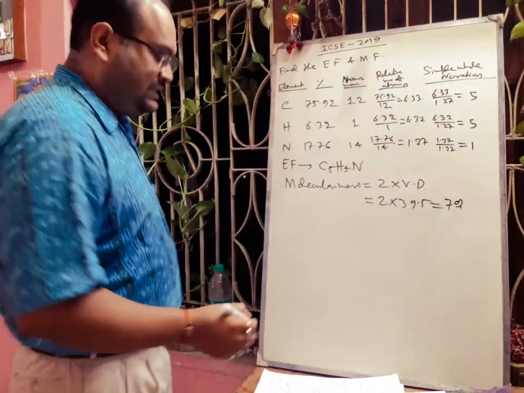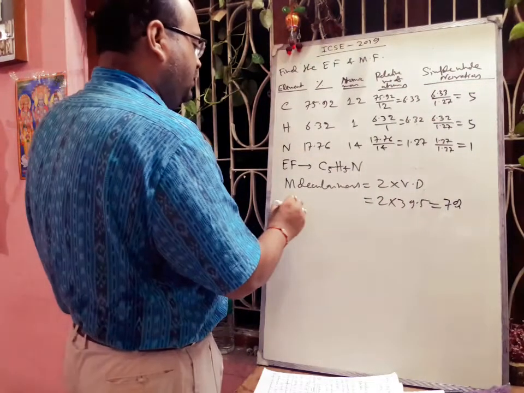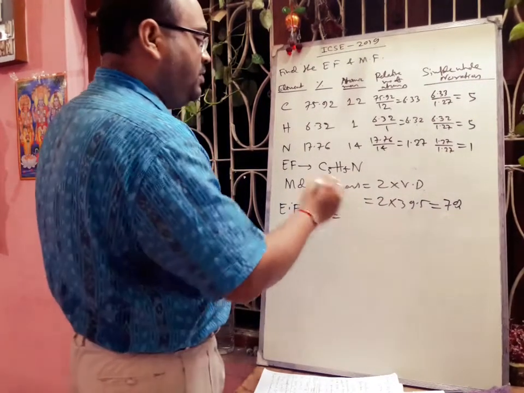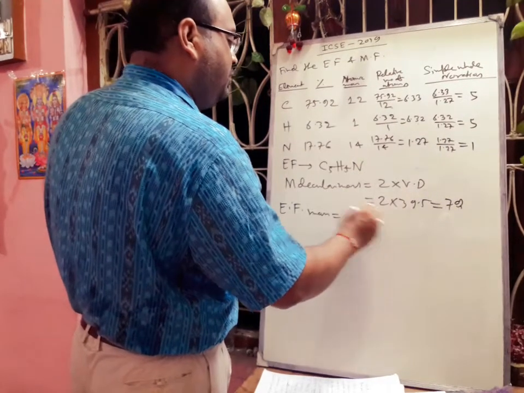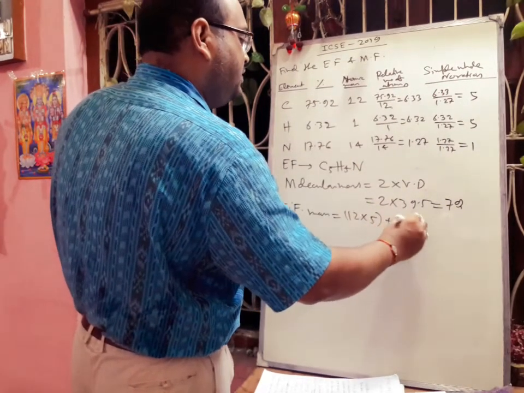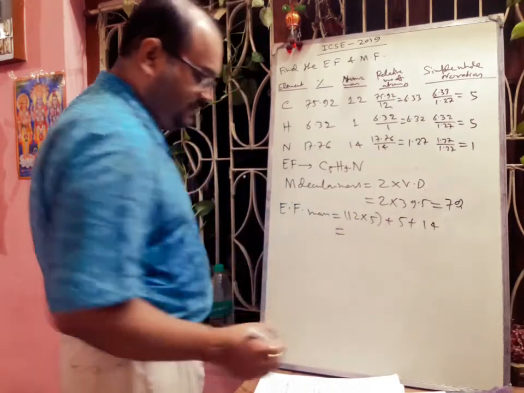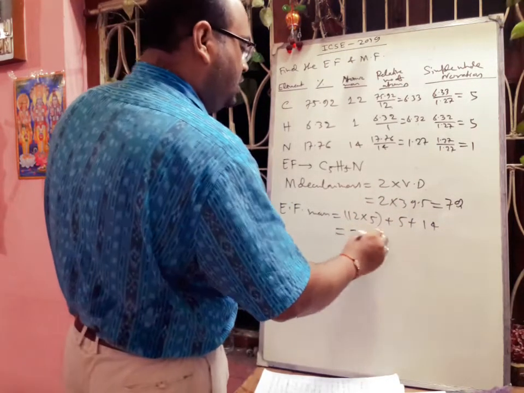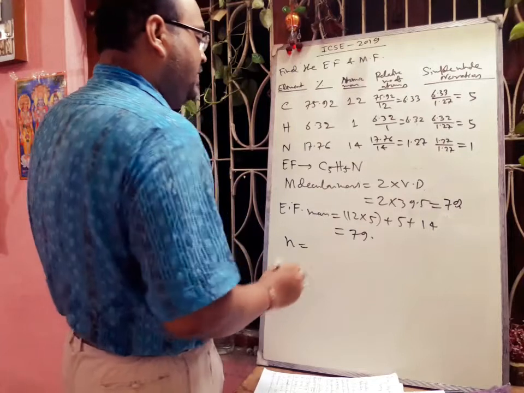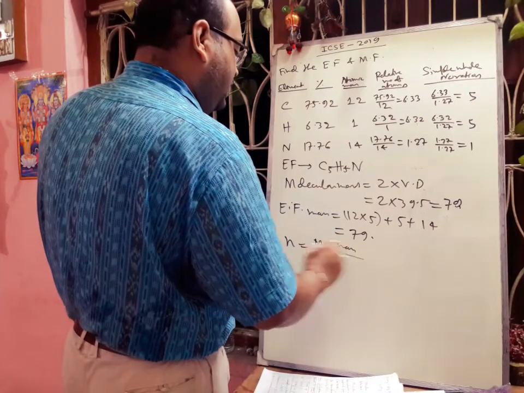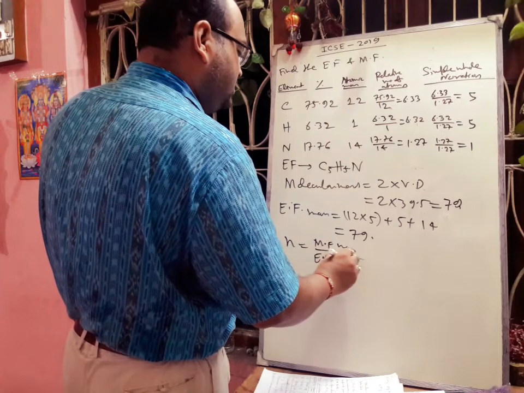Next, we have to calculate the empirical formula mass. For the empirical formula, carbon is 5, so 12 into 5, plus 5 hydrogen, plus 14. If we calculate this value, we will get 79. So what will be the value of n? The value of n will be the molecular formula mass divided by the empirical formula mass.